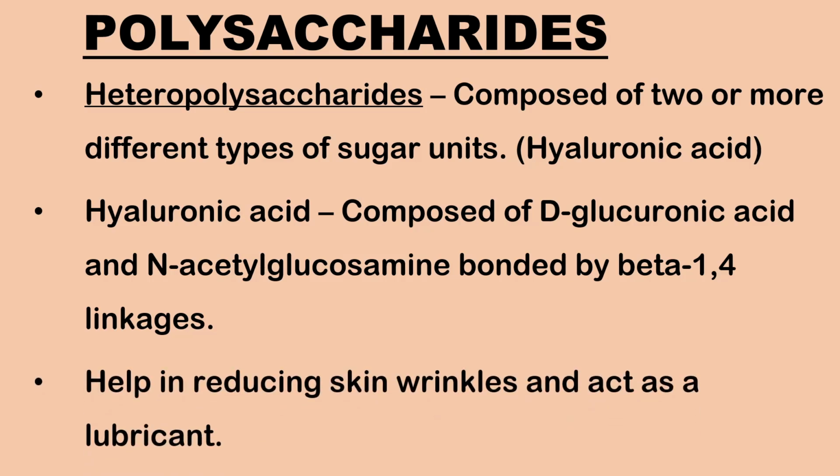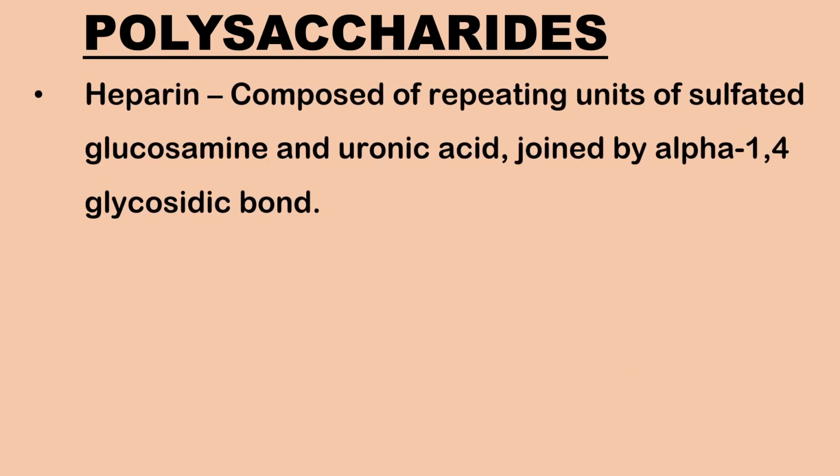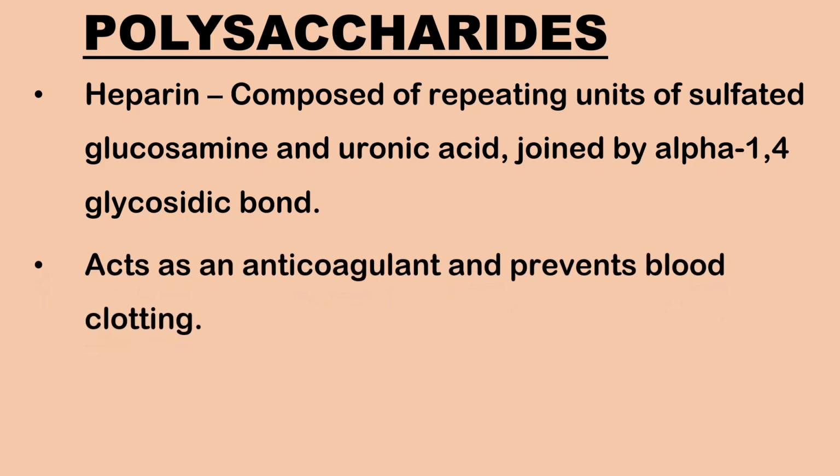It helps in reducing skin wrinkles and acts as a lubricant. Heparin is composed of repeating units of sulfated glucosamine and uronic acid and is joined by alpha-1,4 glycosidic bonds. It acts as an anticoagulant and prevents blood clotting.